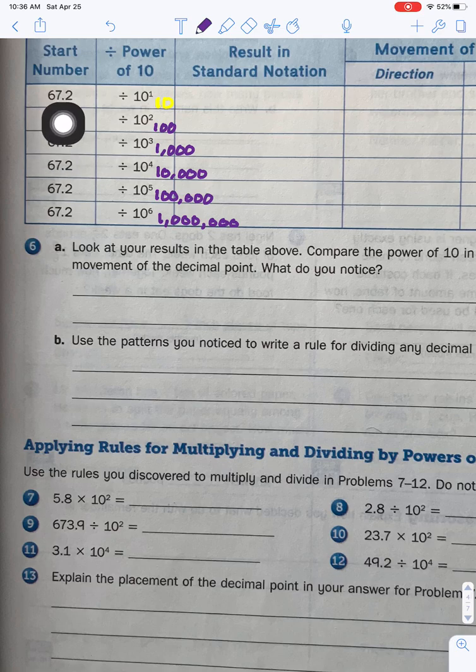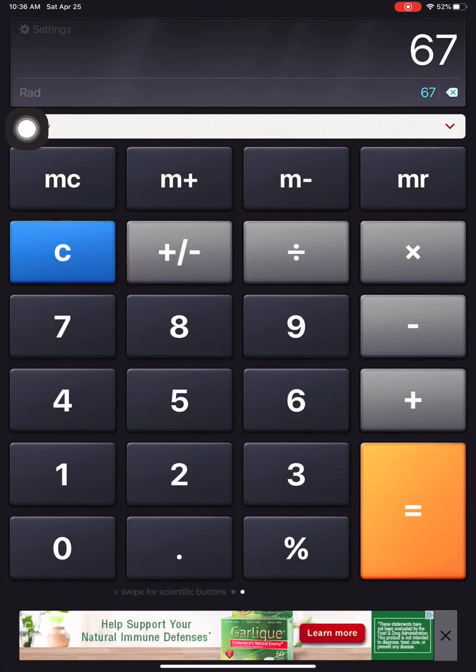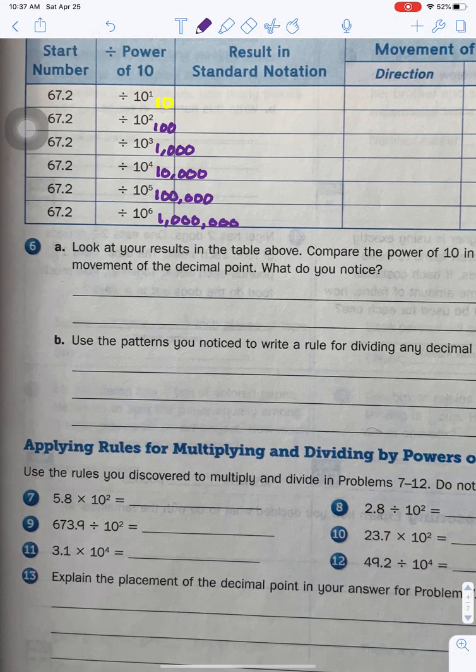Start with 67.2 divided by 10. That equals 6.72. Let's take a look.